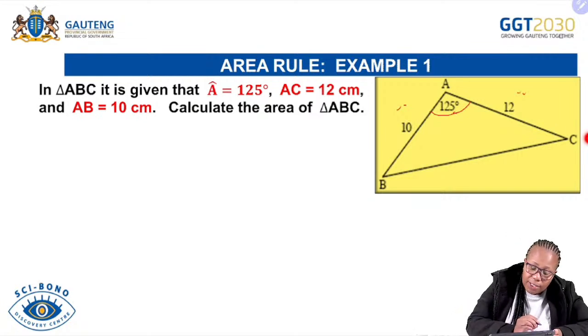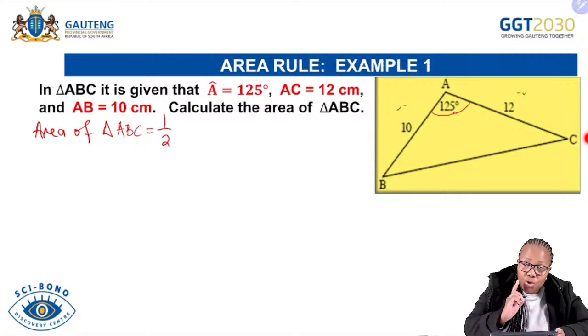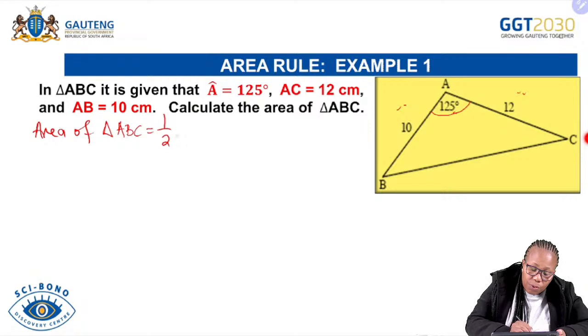Now let's start calculating. The area of triangle ABC is equal to half of the two given sides, right? Which sides are those? Side AB and side AC, with the sine of the included angle, which is angle A.